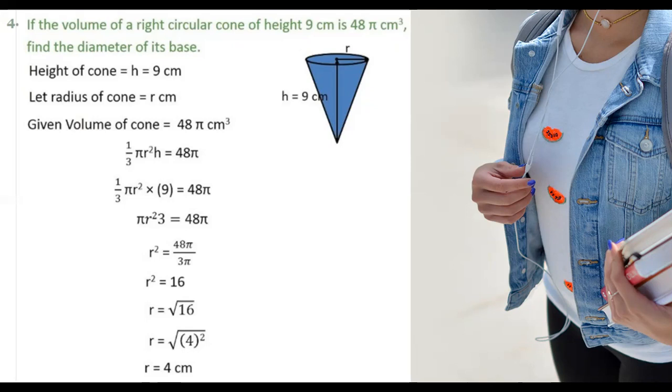And by solving, this pi will get cancelled and we get r square is equal to 16. So r is root of 16, that is 4 centimeters. Hence the diameter is twice the radius. So diameter will be 8 centimeters.